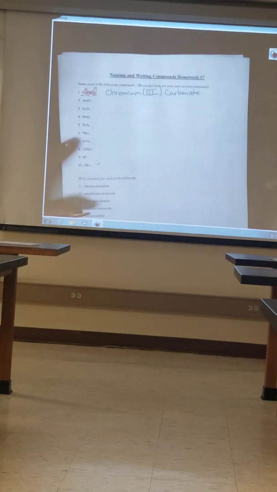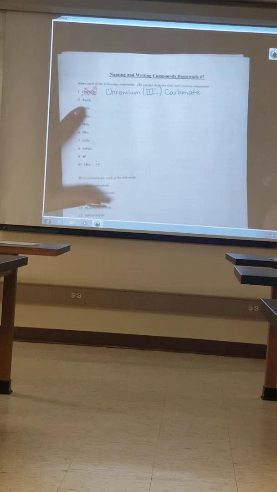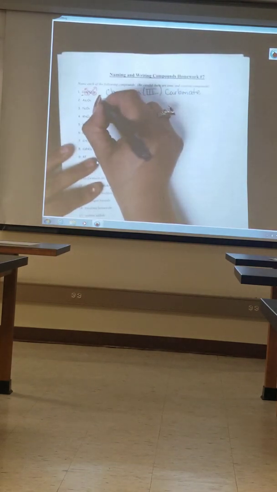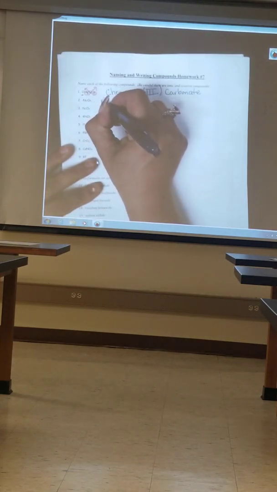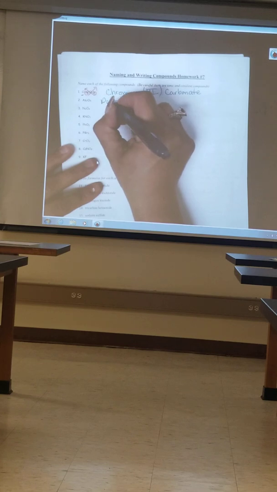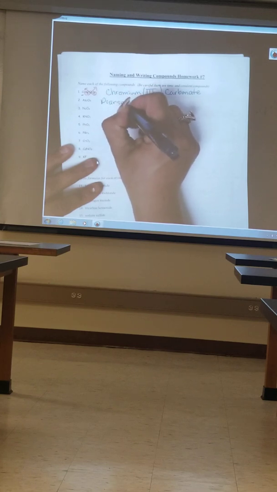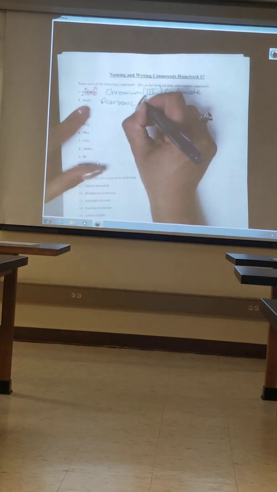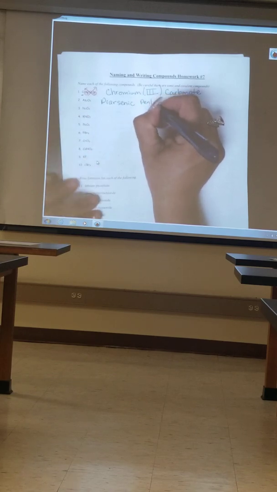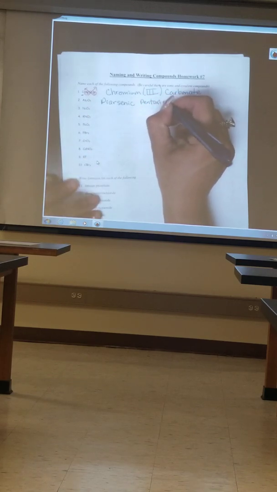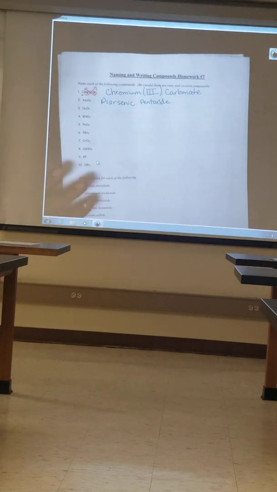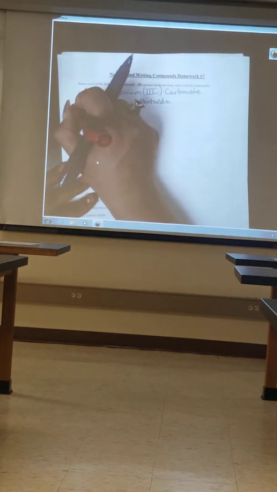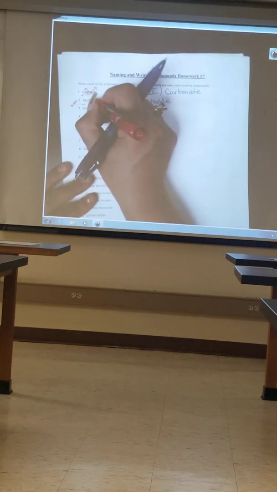The next one, arsenic, As. In this case, it's not a transition metal, but I'm going to go ahead and name it di-arsenic. That's a 5. Then oxide. All right. So this is going to be a non-metal, and that one is also a non-metal.